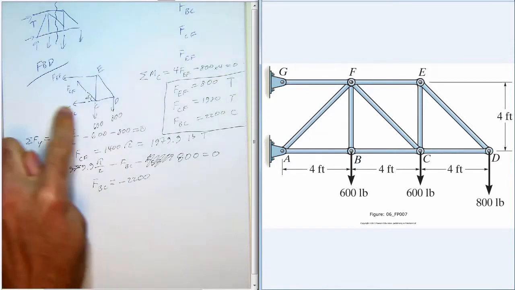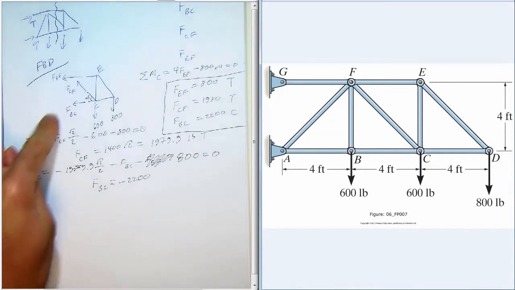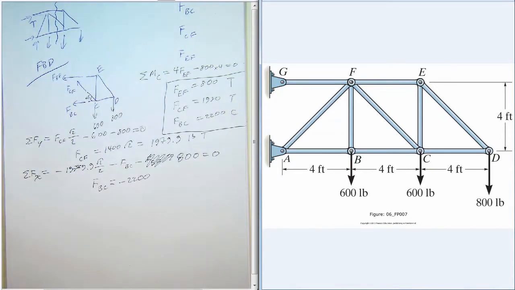So that's the free body diagram, and then it's just the equations of equilibrium, which we've got lots of experience working with. And those three equations, because these are planar trusses, so we only have three equations, will give us at most three member forces.